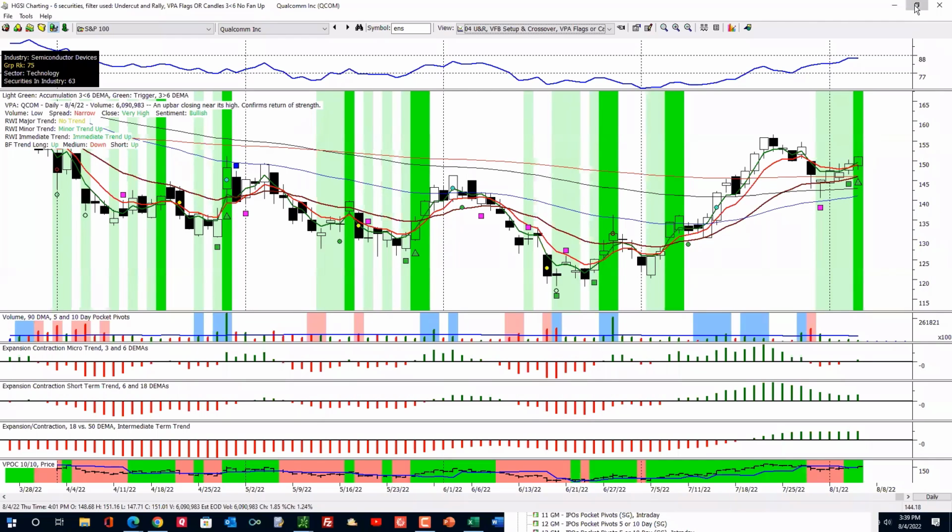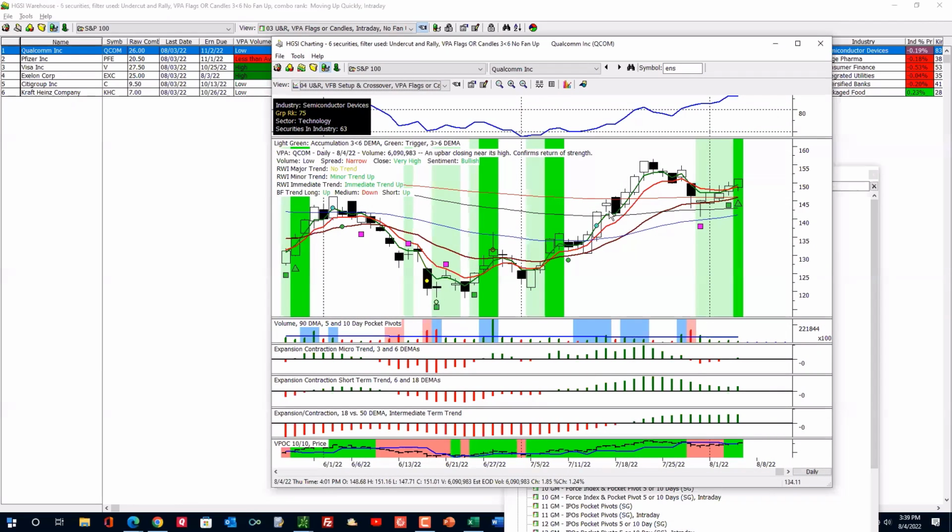We don't necessarily need the fan. The pullback entries work really well if you have a trending market and trending stocks, because they go from expansion, I'll just use this chart even though the fan's not in place, from expansion to contraction and then back to expansion.